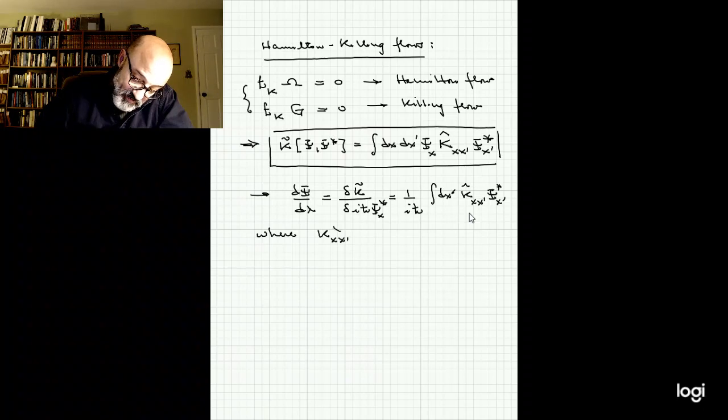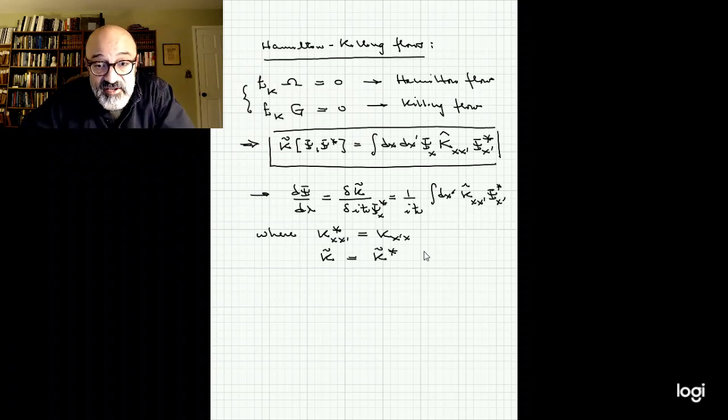If you take the complex conjugate, this is supposed to be the transpose, and this guy, the Hamiltonian function, is real. It's like an expected value of some kernel. So if this is Hermitian, this is going to be real.